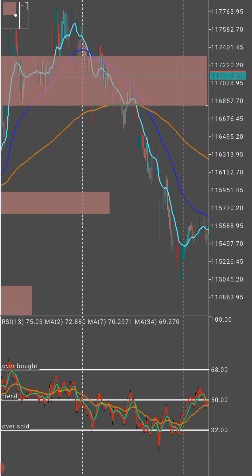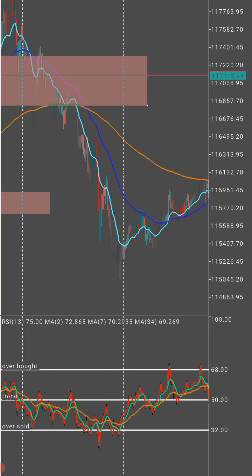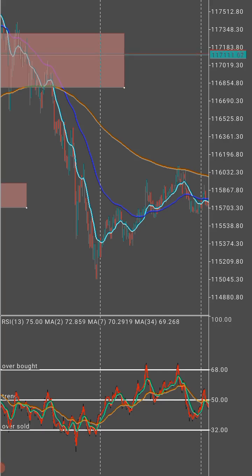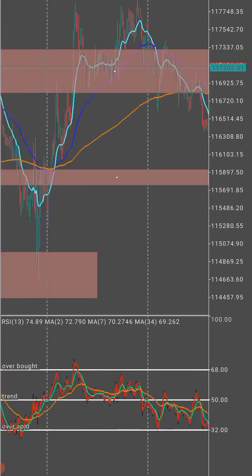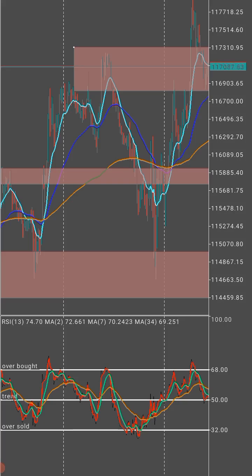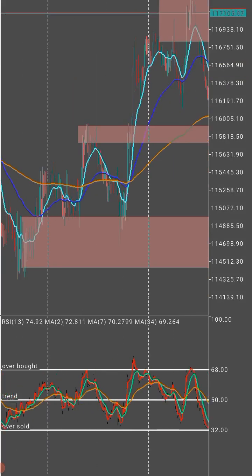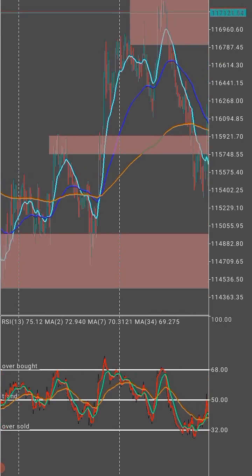I had to elongate that particular one. Now look at it, guys. We are actually in a bullish movement.